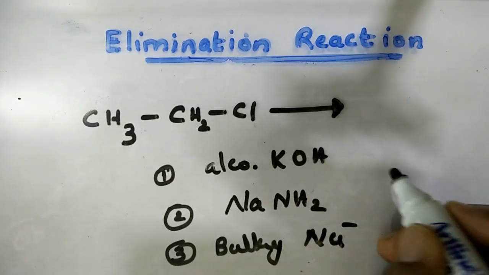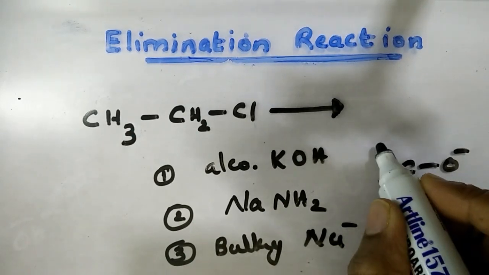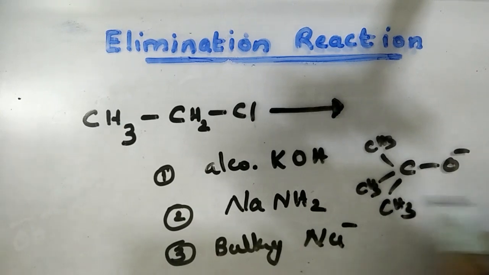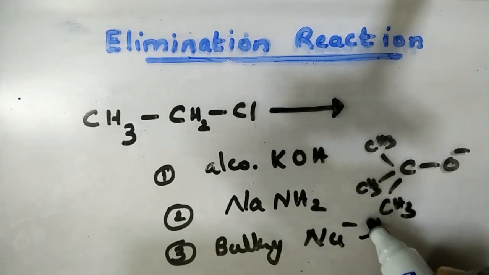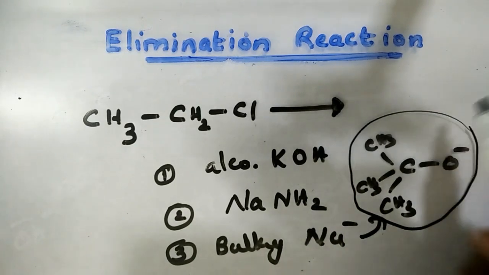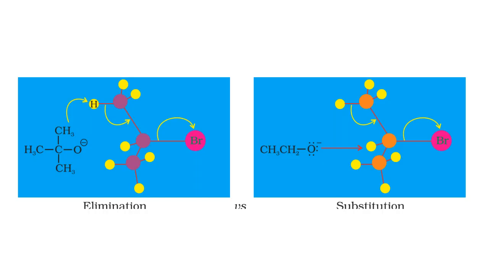For example, a tertiary group is there, so it is a bulky group now. When the reagent is a bulky nucleophile, it will follow elimination reaction instead of nucleophilic substitution reaction.